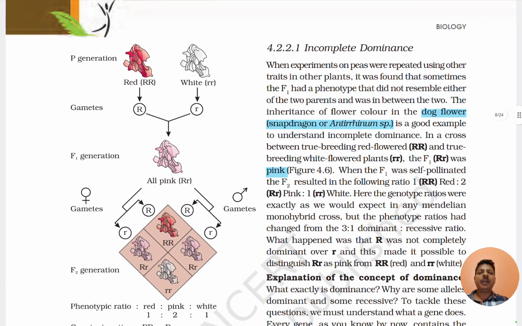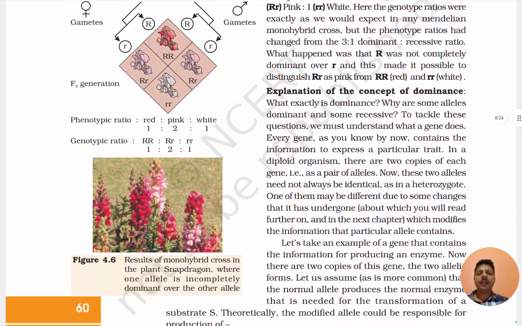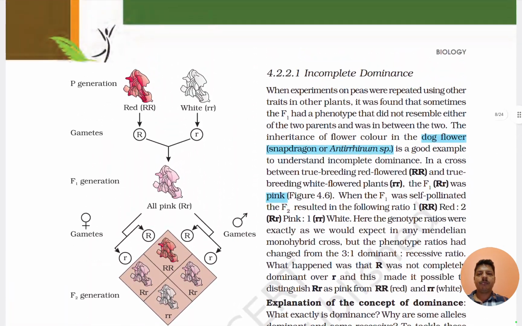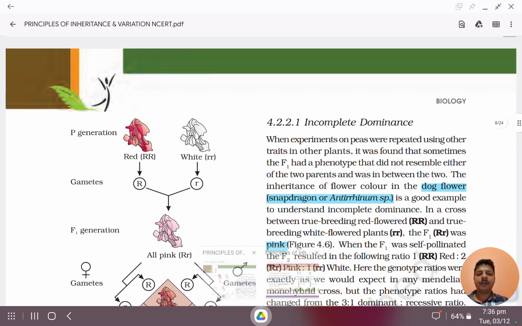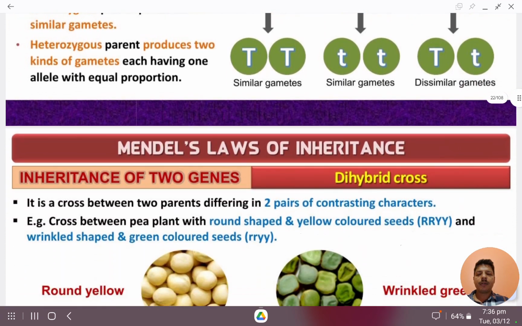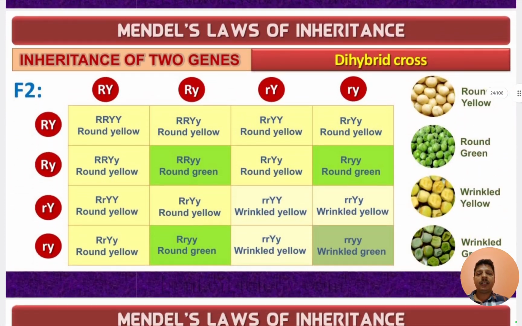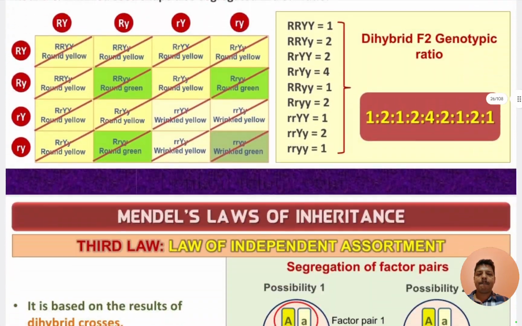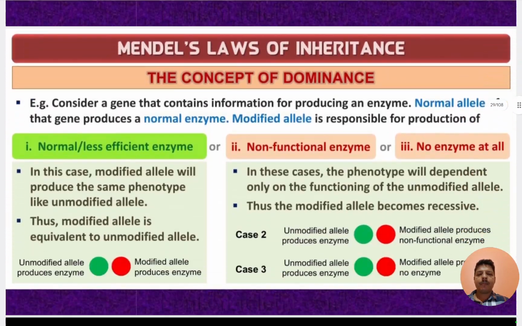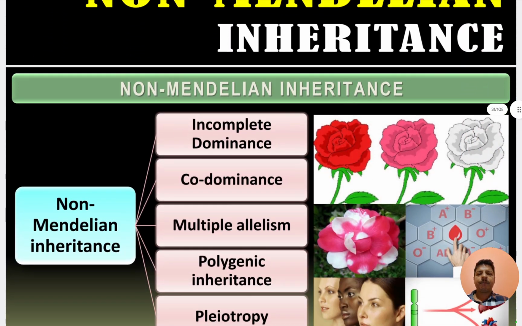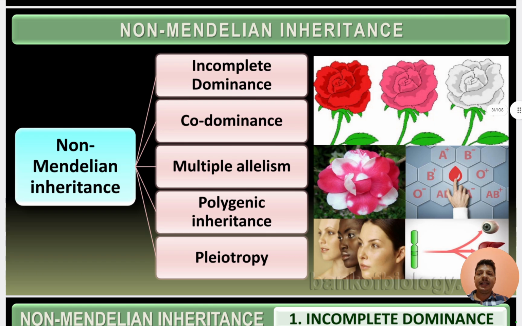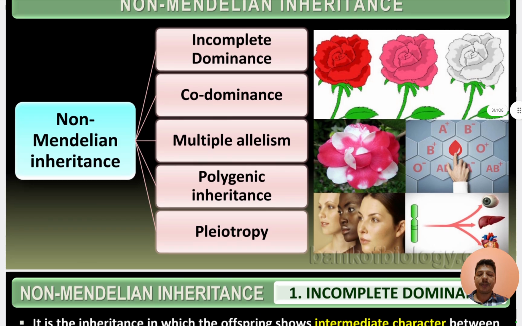Then is incomplete dominance. Before starting this, let's see what the PDF says. Here, all the topics are completed. Next is non-Mendelian inheritance, that is incomplete dominance, codominance, multiple allelism, polygenic inheritance, pleiotropy.